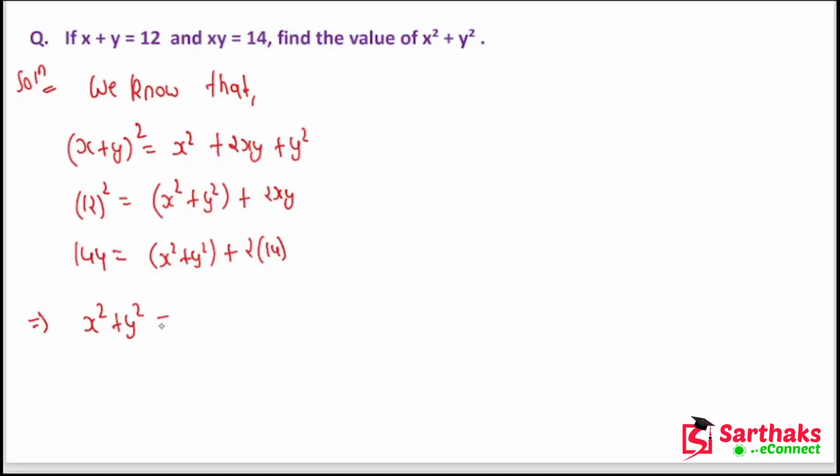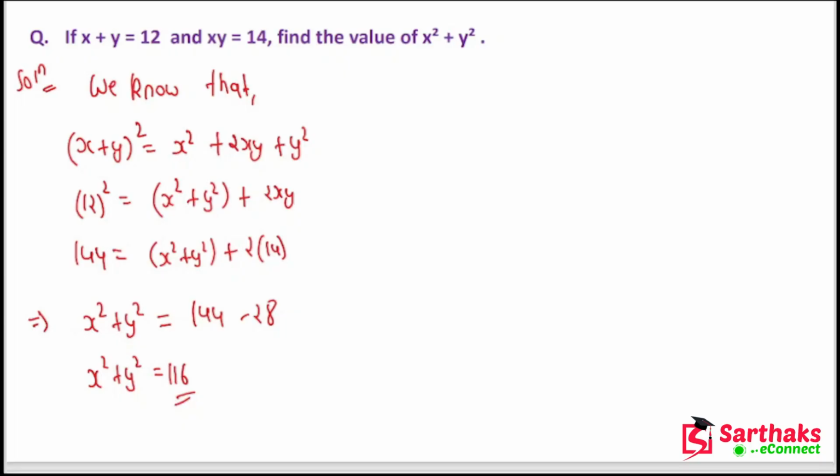It would be this 144, and this 2 into 14, 28, would go on the left hand side and it would become negative. So x square plus y square would come out to be 144 minus 28, which is 116. Okay, so we have applied a plus b whole square just to calculate this question. I hope you all got it. It was very easy. Let us move on to the next question.